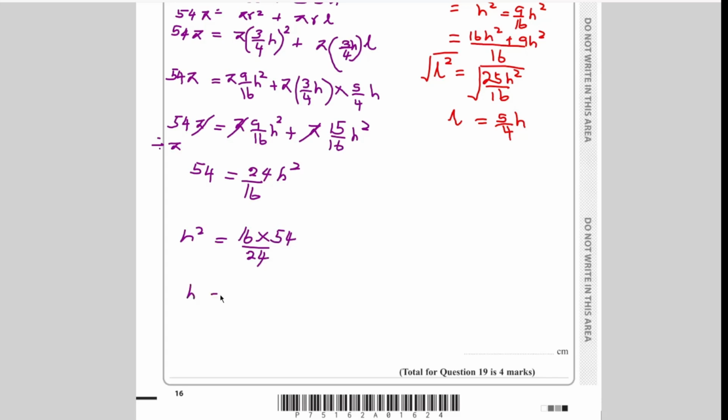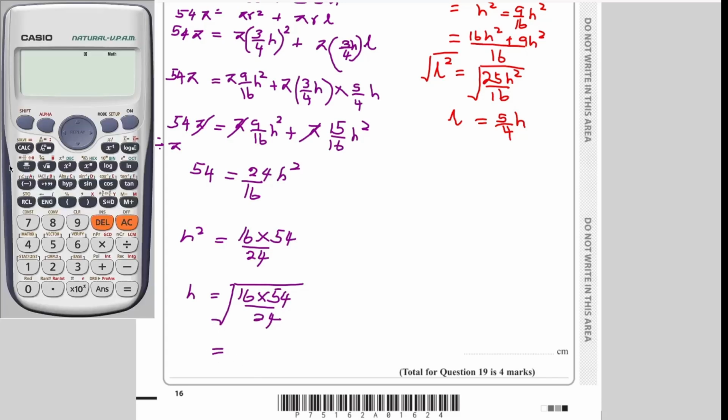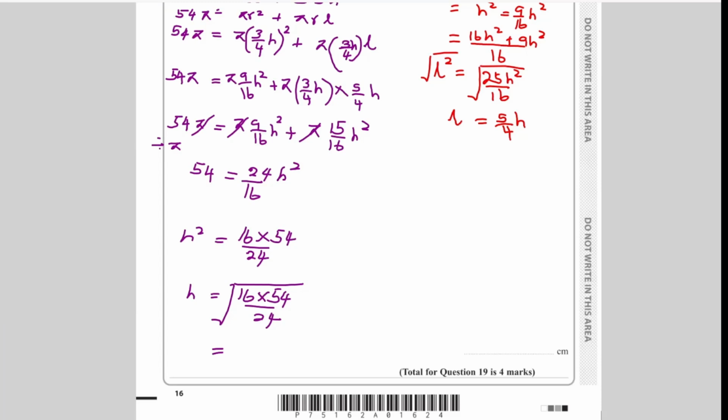Then h equals the root of 16 into 54 over 24. So plug in the values into the calculator. 16 into 54 over 24 gives out 6. So the answer is 6 centimeters.